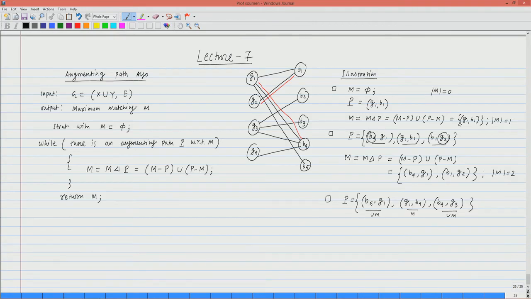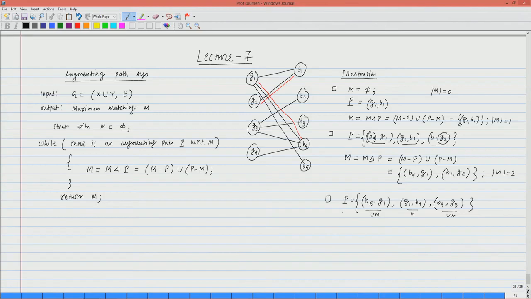One thing to observe is that when you are finding an augmenting path with respect to a given matching, it is not necessary that this augmenting path will include all the matched edges in the matching. So, here you can see that this augmenting path P includes only one matching edge, G1 B4, but the edge B1 G2 is not included in this augmenting path.